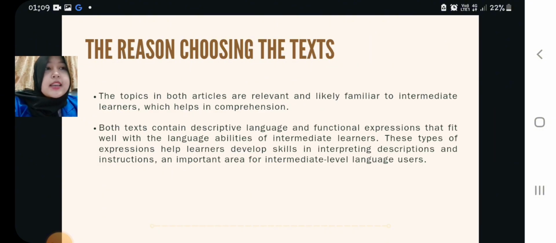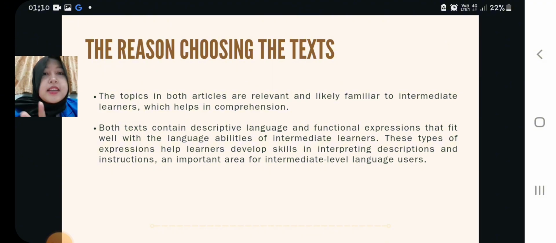And next is why I choose these tags. Why I choose the tags? Because the topics in both articles that I chose are relevant and likely familiar to intermediate learners, which helps in comprehension.